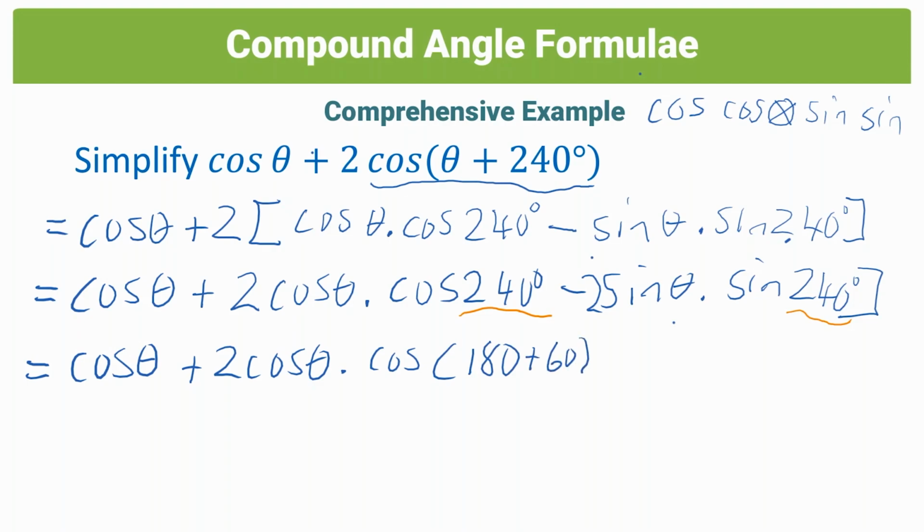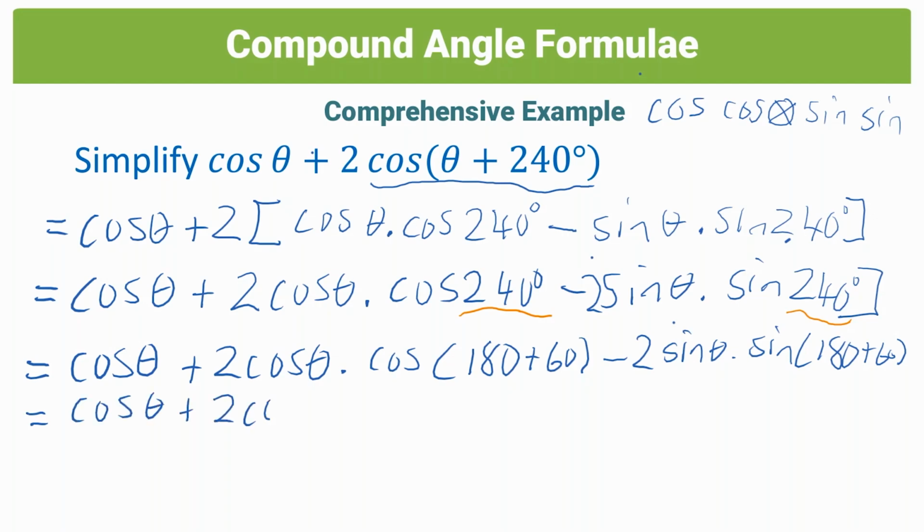So we can use our supplementary reduction formula there. Sine theta times sine, again, we're going to make that 180 plus 60. That's going to give us cos theta plus 2 cos theta times, now 180 plus 60, because it's a supplementary angle, S for supplementary, S for same, that becomes cos 60, right?